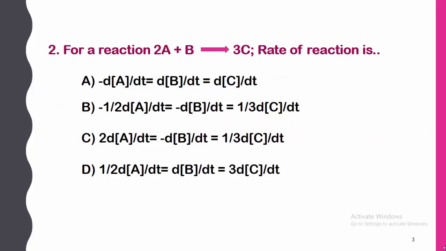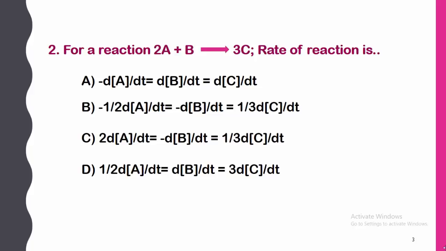Second one: for a reaction 2A plus B converting into 3C, the rate of reaction is given, where the options are: A, minus dA upon dt equals minus dB upon dt equals dC upon dt.